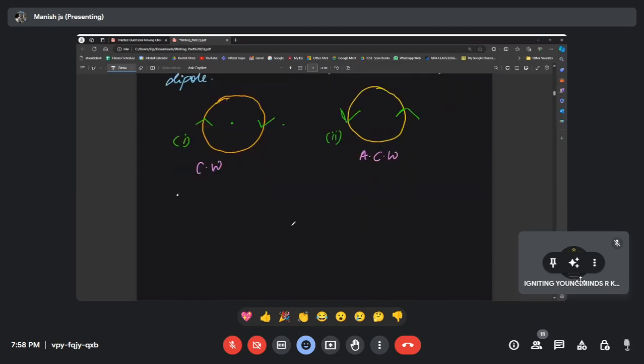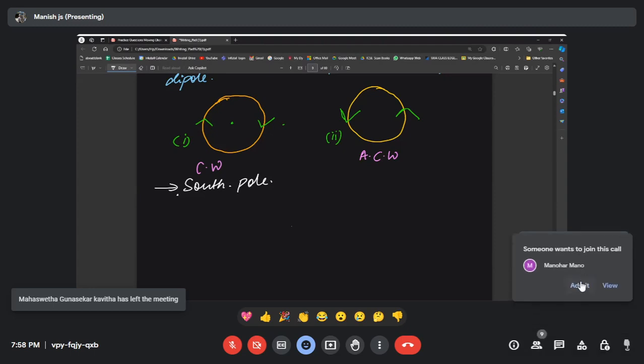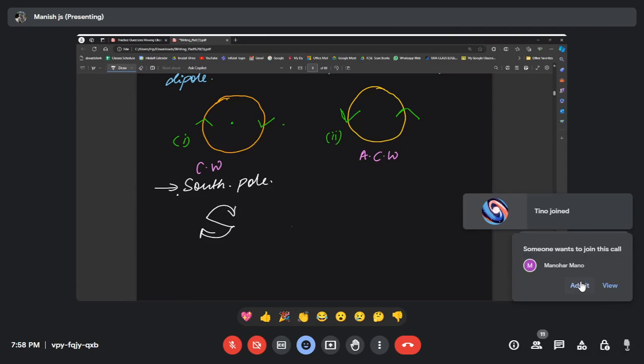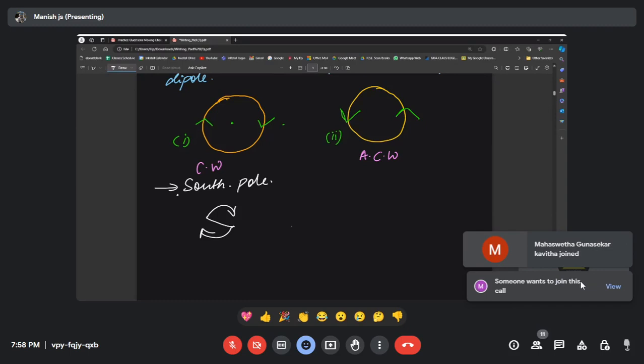Okay. So always remember, clockwise current will always represent south polarity, or south pole. Why south pole? The way the letter S is written. This is a shortcut trick to remember, not a concept, this is a trick.